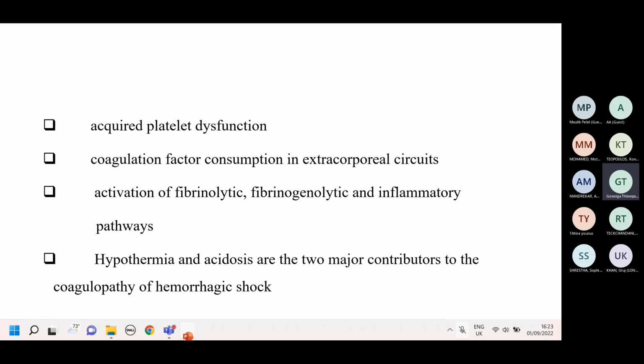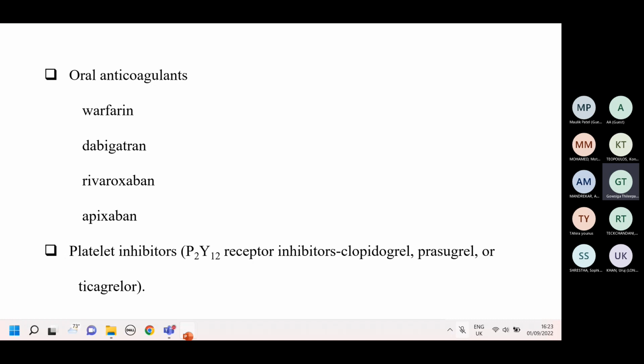If the patient was on oral anticoagulants pre-operatively, we anyway stop them. But sometimes patients may have increased bleeding tendencies perioperatively from warfarin, dabigatran, rivaroxaban, apixaban, and platelet inhibitors such as clopidogrel, prasugrel, or ticagrelor.